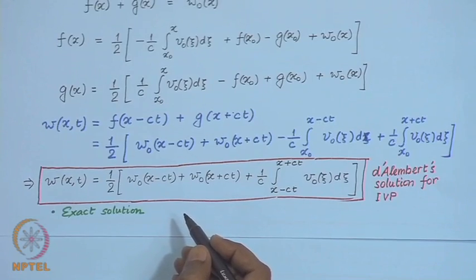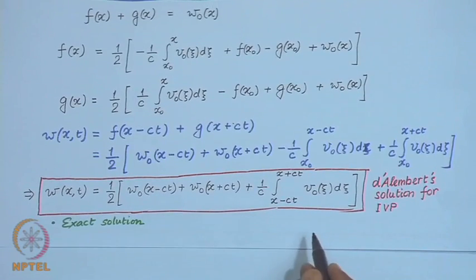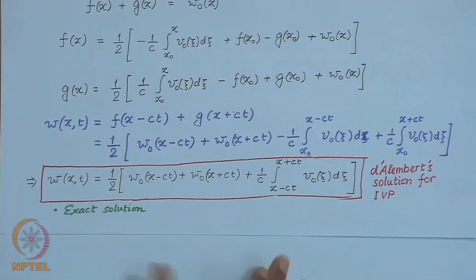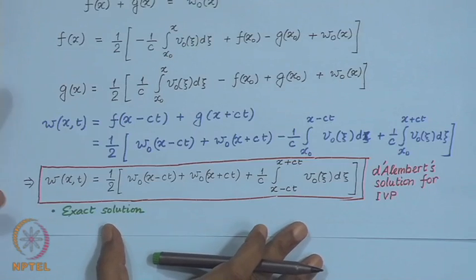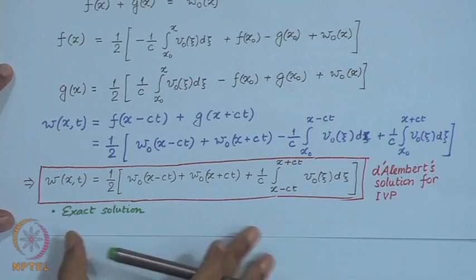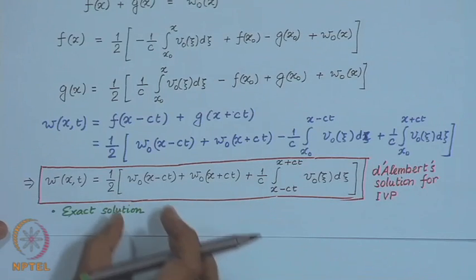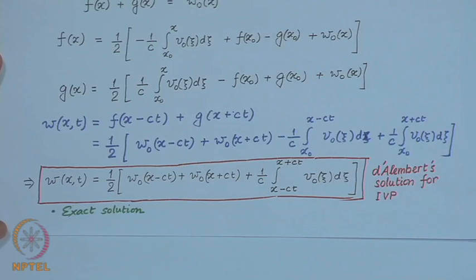Now, once we truncate the series, what we get are the approximate solutions of the wave equation, which we have already seen in the previous lectures. But this solution is in that way exact, because we have the solution in terms of the shapes of the initial configuration and initial velocity distribution over the string.